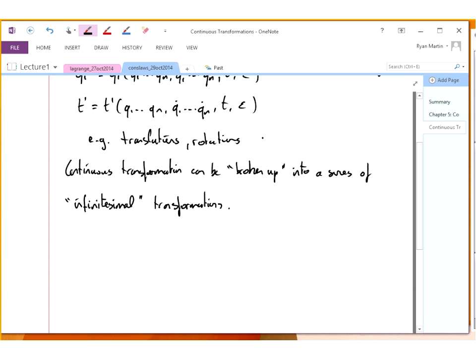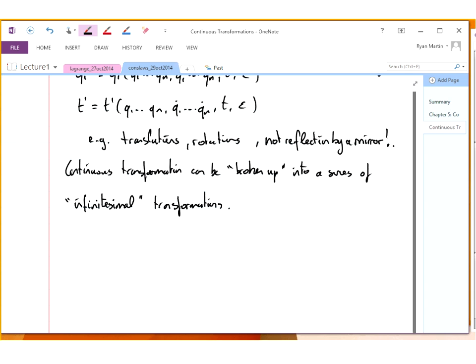In examples, I'll say not reflection by a mirror. Okay, so in that case, we only need to consider infinitesimal transformations. That was the whole point.